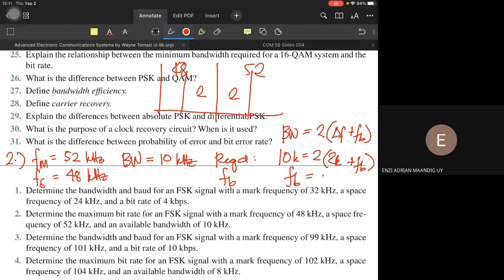FB is 3 kbps. So this is the final answer, 3 kbps.